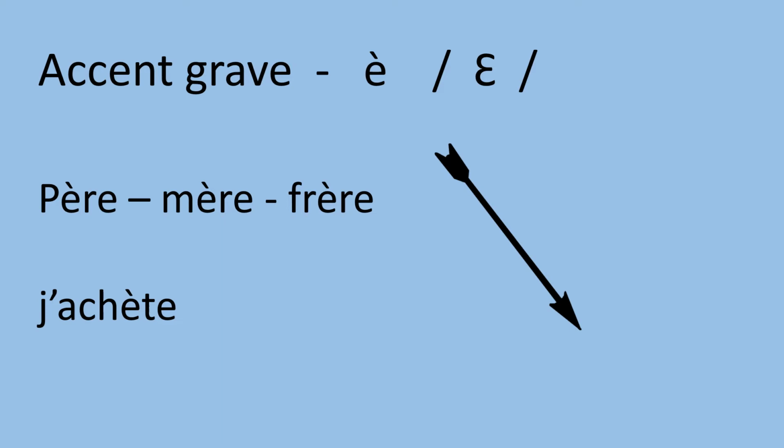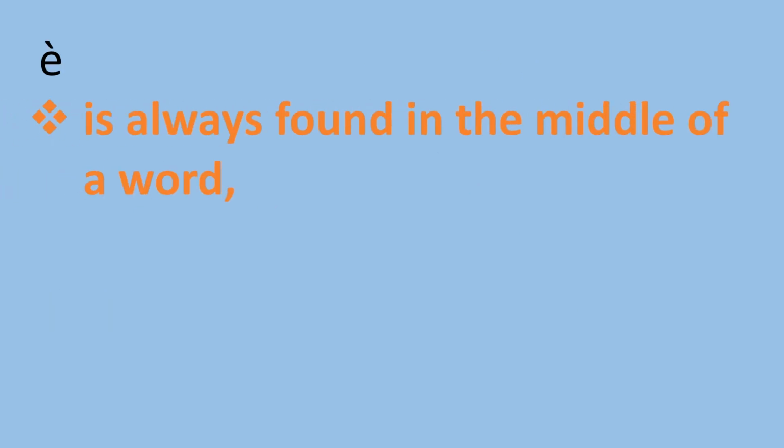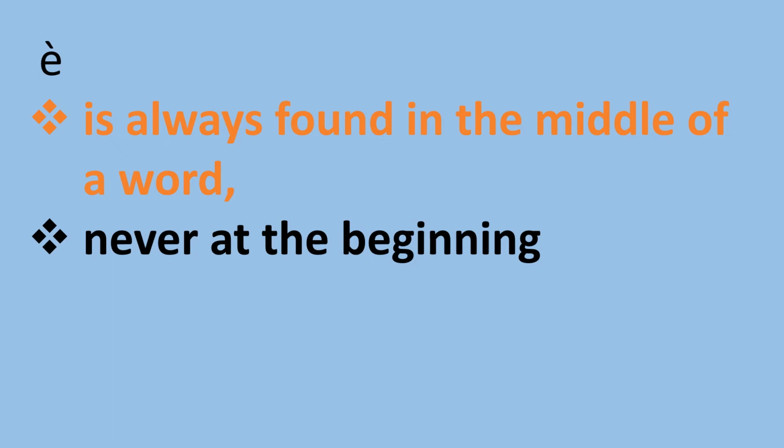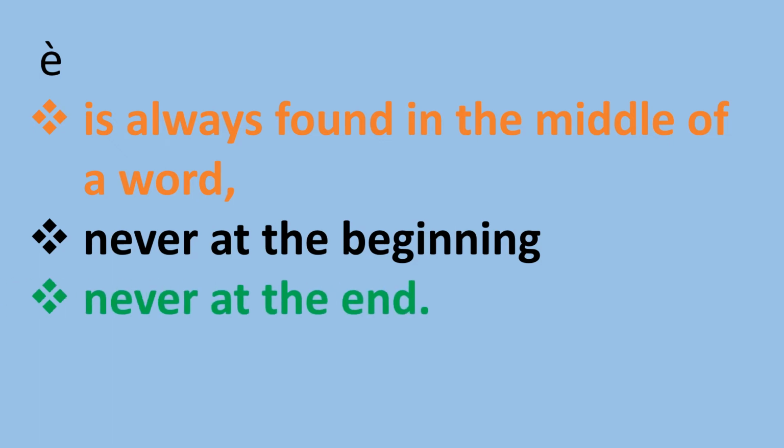You can see that the accent is placed the other way, but there's always a consonant and another E. Have you noticed that? This E accent grave is always found in the middle of a word, and you will never see it at the beginning nor at the end of a word.